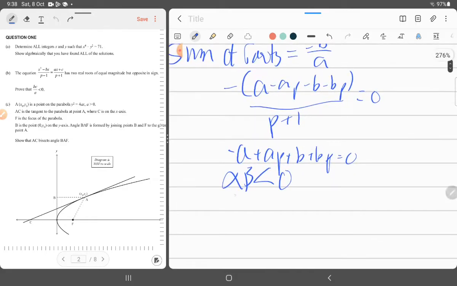Are they just minus cp plus c is less than 0?